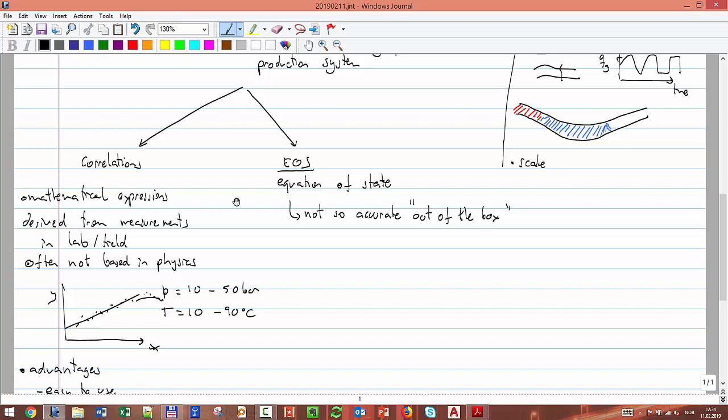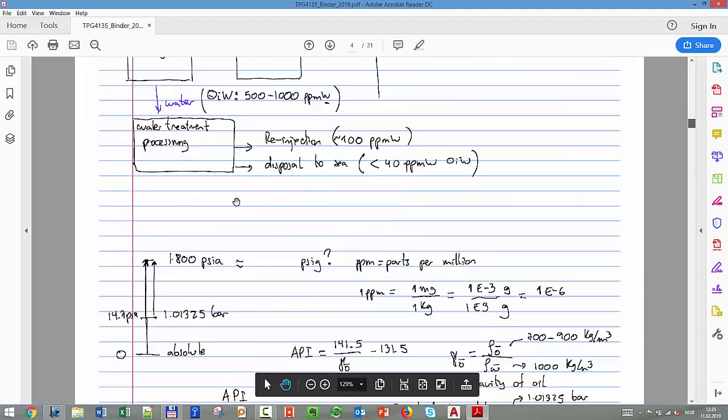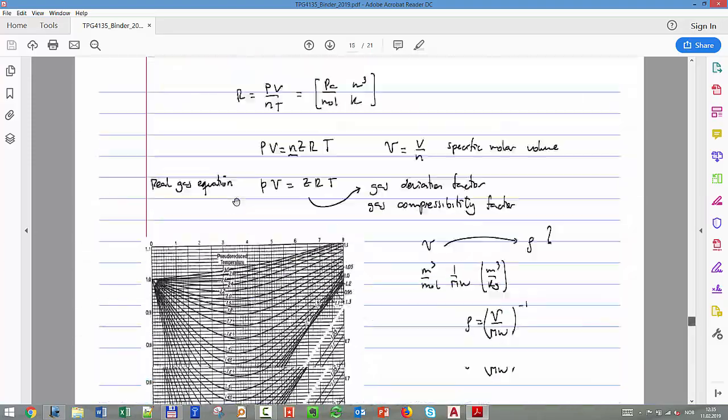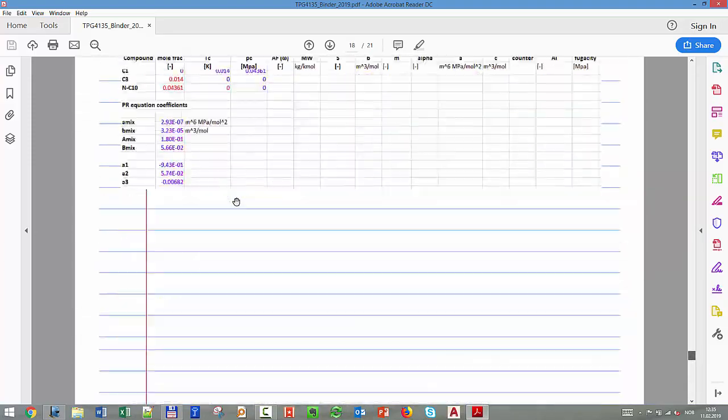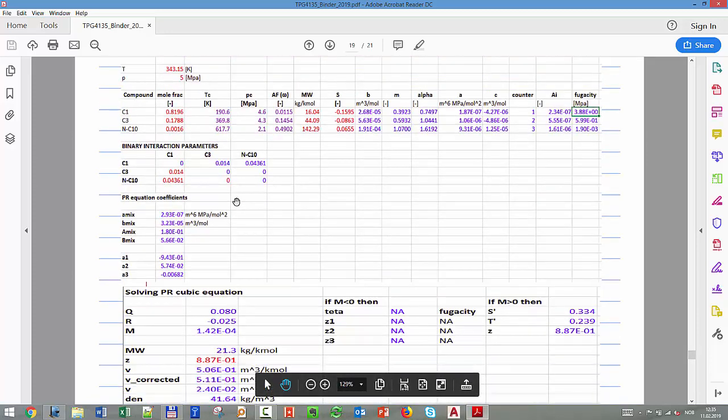If you take it with all the default parameters and use it simply like that, it is usually not very accurate. You have to make some changes. Remember in class we said, what kind of changes are those? Remember you had, for example, that equation, the Peng-Robinson equation of state, right?